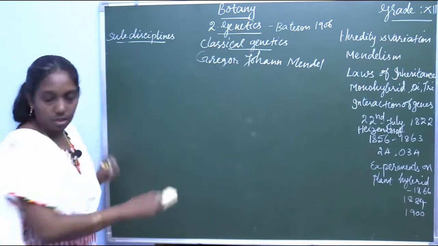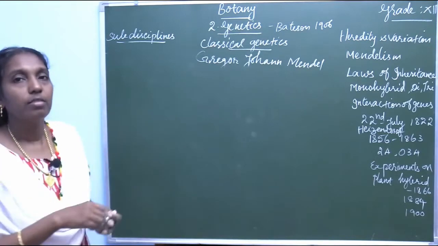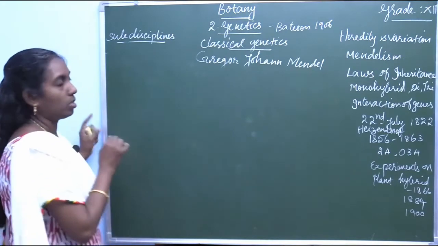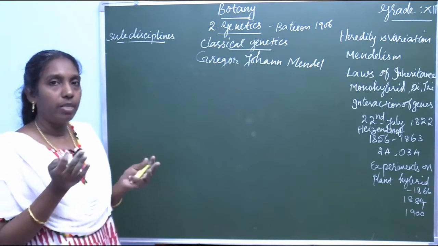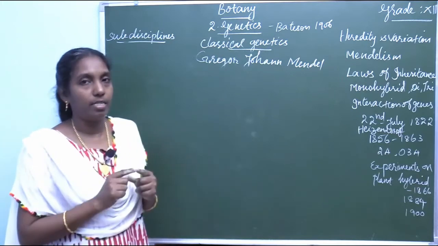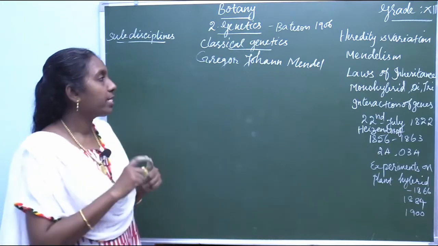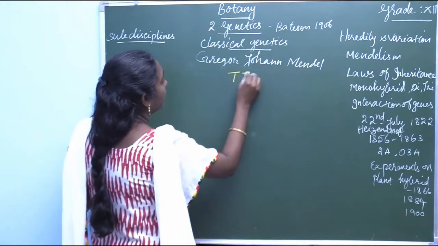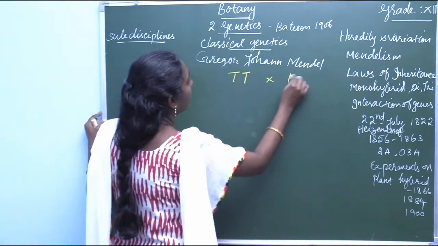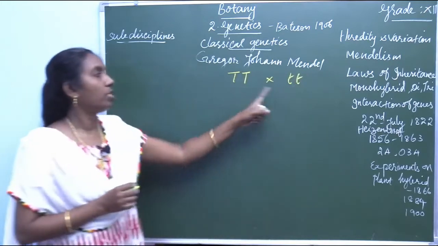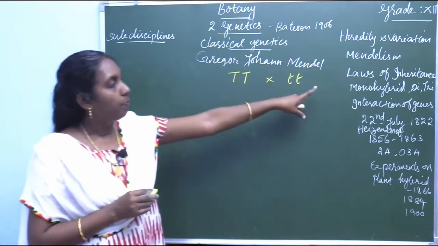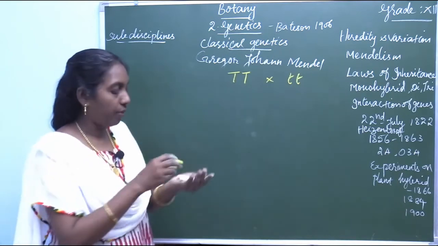In a monohybrid cross, a single trait, a single contrasting character is selected, that is capital T, dominant, and recessive small t. Based on this, he proposed two different laws.